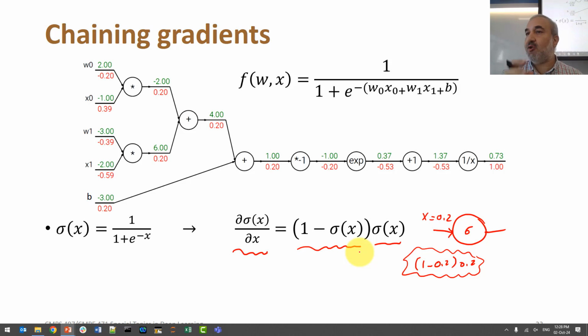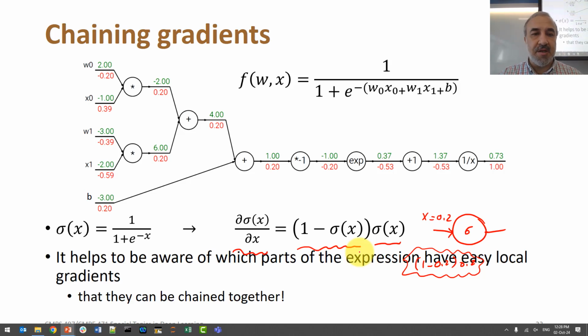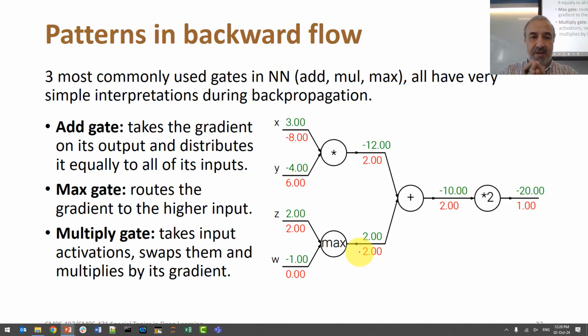That's what we are doing in the computational graph, right? And in neural networks, we have three commonly used gates. The add gate, because we are doing the sum. The multiply gate, because we are doing the weighting. And when we are using the ReLU activation function, this is actually the max gate.